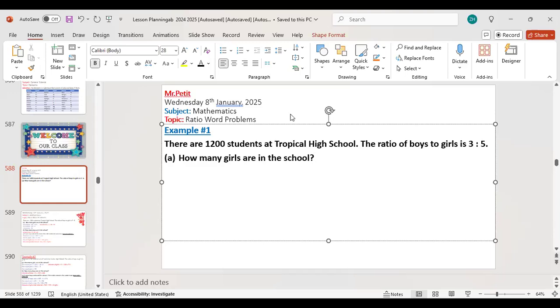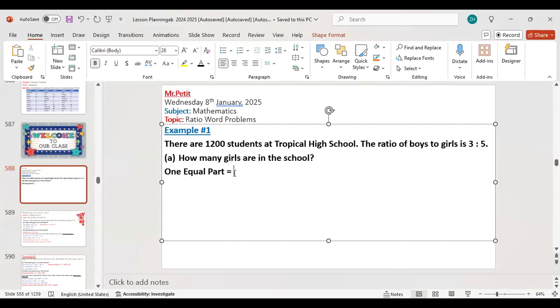Divide. Divide what? You're gonna divide 1,200 by the ratio of 3 to 5. So we basically have to find, what's the magic word? 1 equal part. If you know the answer, you can put it inside the chat. I'm also gonna ask for the boys, so might as well do that one time as well.